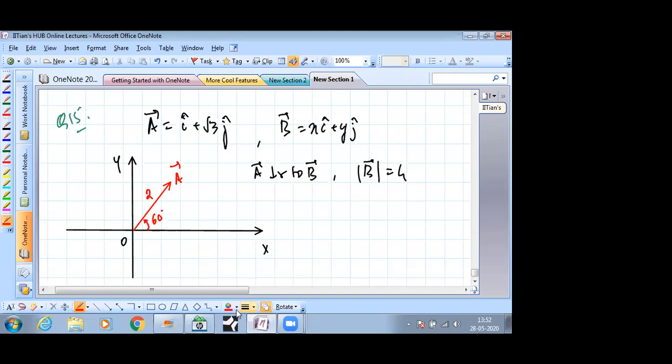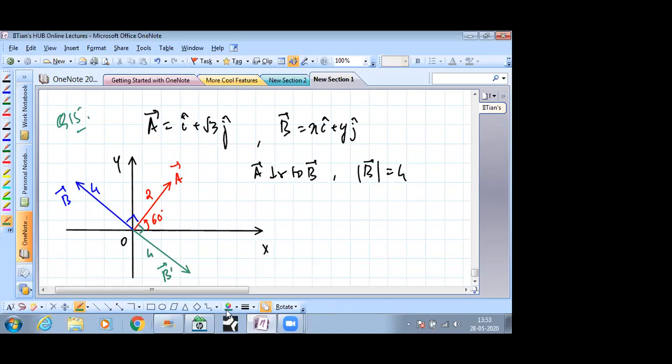So what about B? One option is that B could be like this. So magnitude 4. Another option could be that B is like this. It could also be like this. Another option, it could be some vector B prime whose magnitude is 4, where this angle is 90.